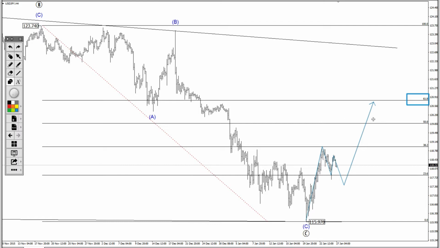So the case here as well, I'm guessing we get a little bit more downside and then a turnaround towards the 120 level. This is the next leg of the triangle, leg D, which forms to the upside.